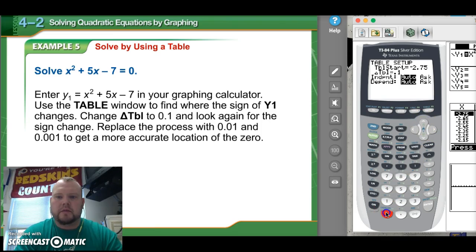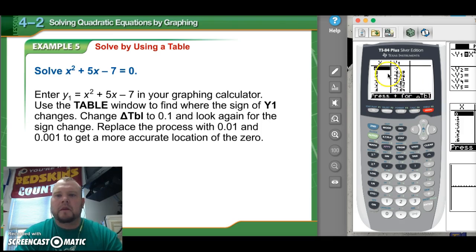And I'm going to start my table just at 0 because I'm not sure where exactly the value is going to change. So to go to the table window, you want to hit second and graph. So starting here, I can see that at 0, the y value is negative 7, then negative 6, negative 5, etc. So I'm going to scroll down until I find a y value that's really close to 0.